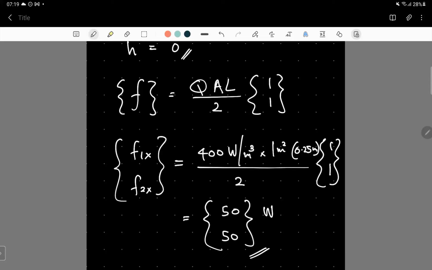Next, since we have already found the element force matrices, we can relate them to the total structure stiffness matrix. For that, we need to assemble the total structure from the element stiffness matrices.